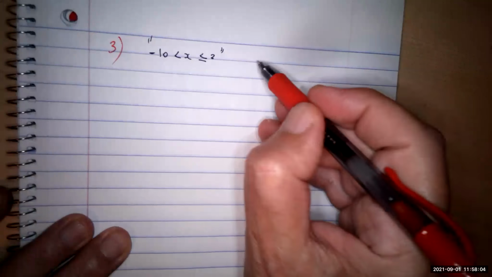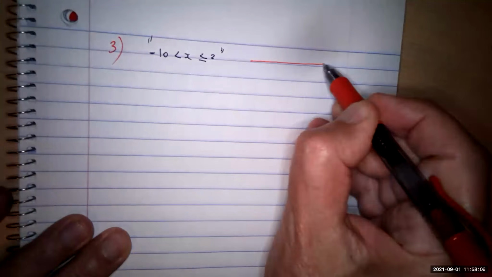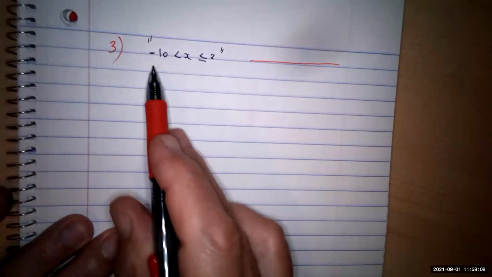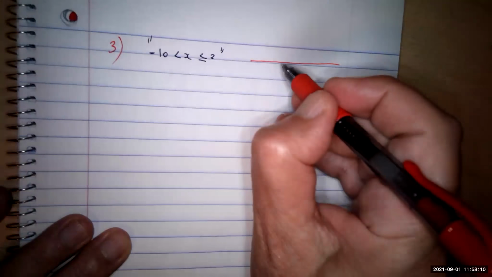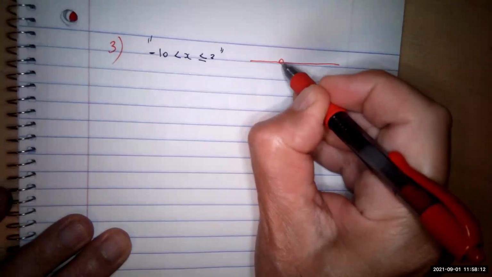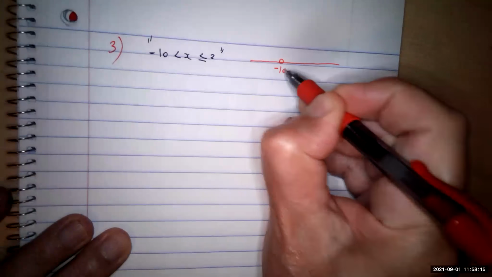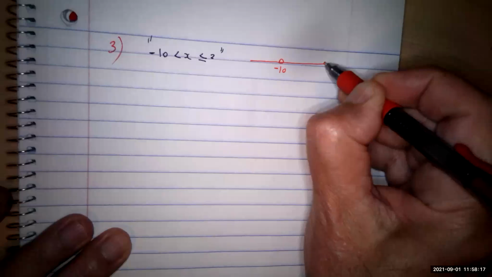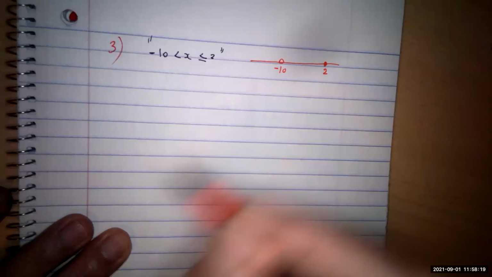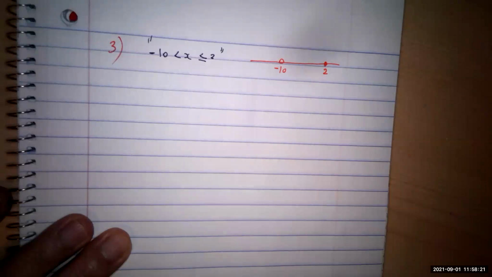If you put it on a number line, it is the numbers between -10 and 2. You don't include -10, and 2 is included. So this means this portion.